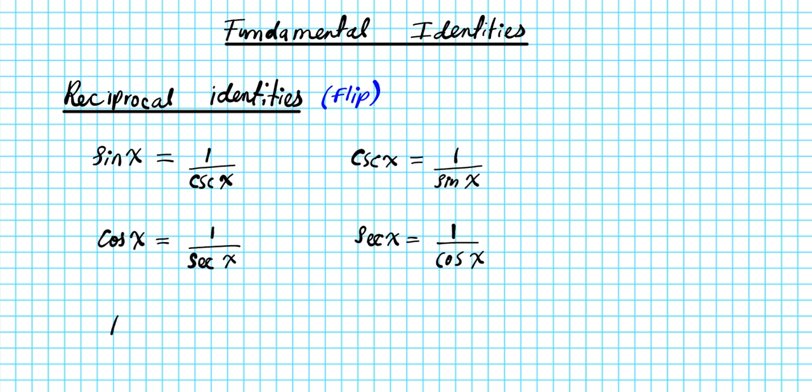Tan. Tan is a function you get when you reciprocate the cotangent function. Now what other reciprocal identity can we generate with this particular one right here? We can also conclude that cotangent is what you get when you reciprocate the tangent function. So these are your 6 reciprocal identities.